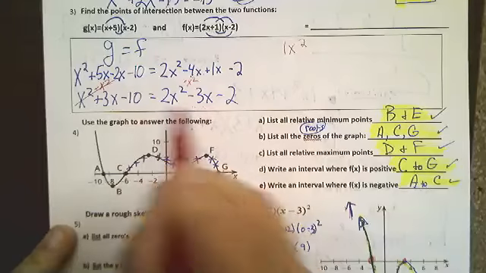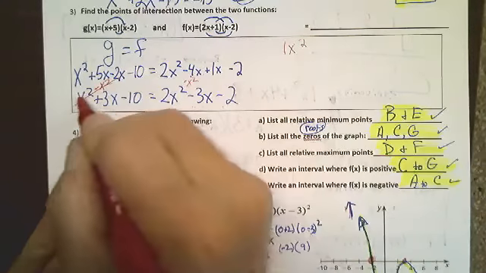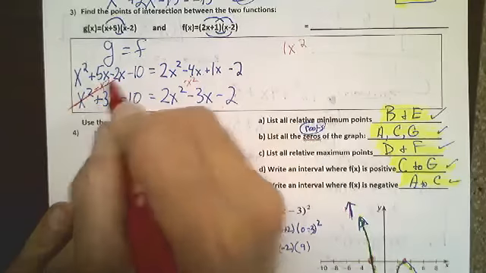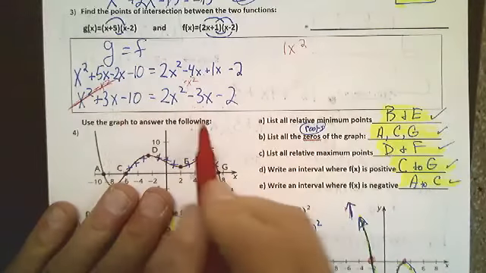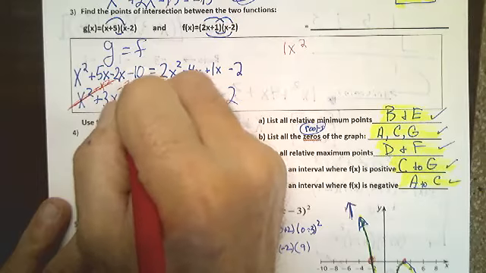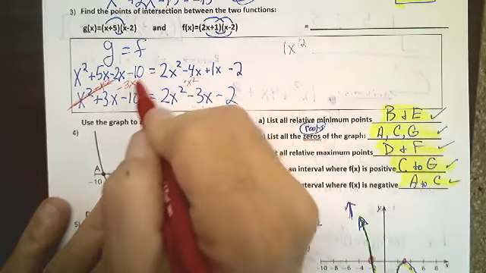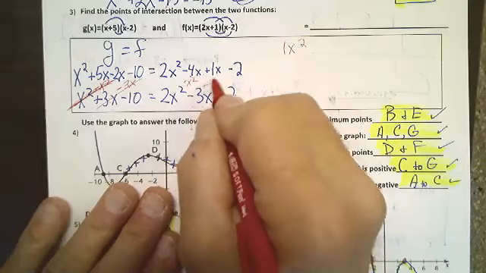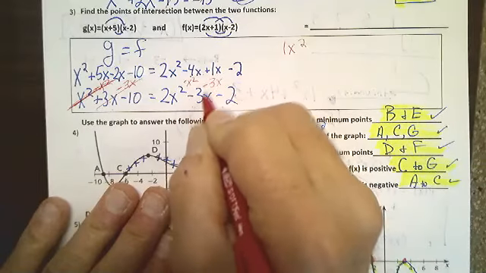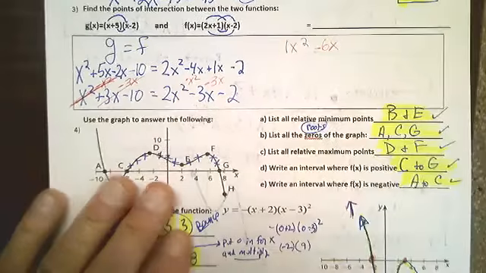Miss Finley, what happens with the next 2 terms? What do they become? I'm going to subtract 3x on both sides. So this is -3 and -3, so I get -6x.